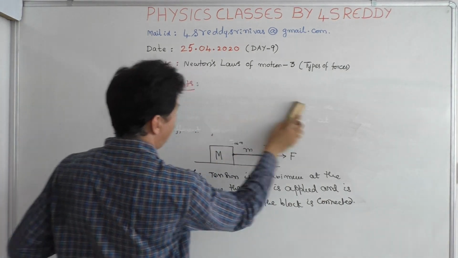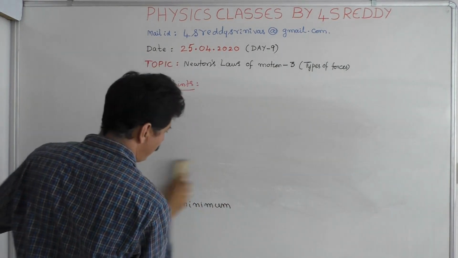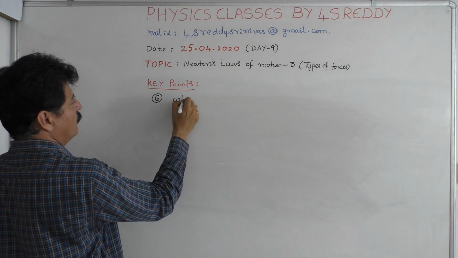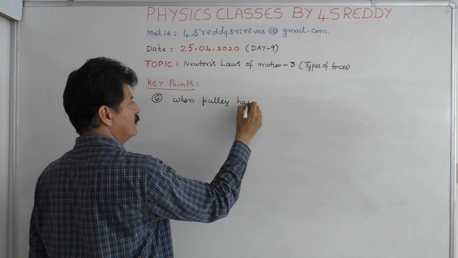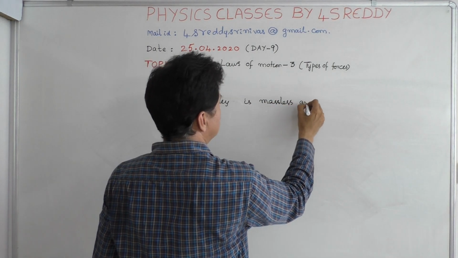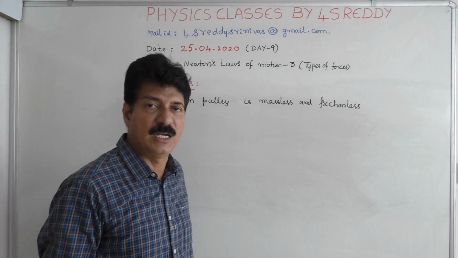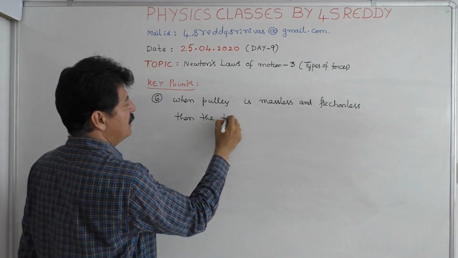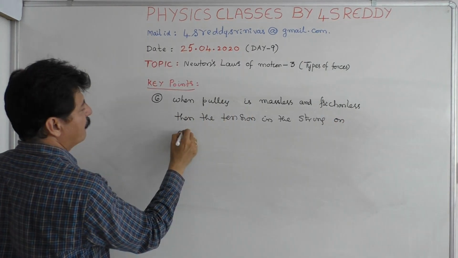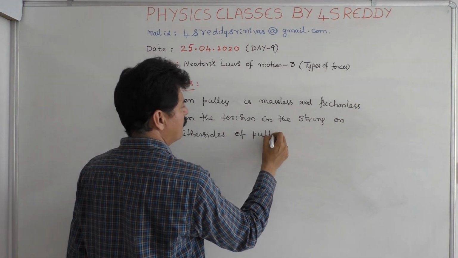And point number 6. When the pulley is massless and frictionless, then the tension in the string on either sides of the pulley is the same.